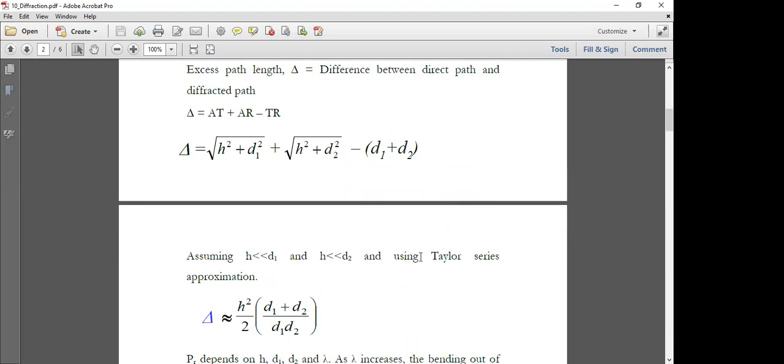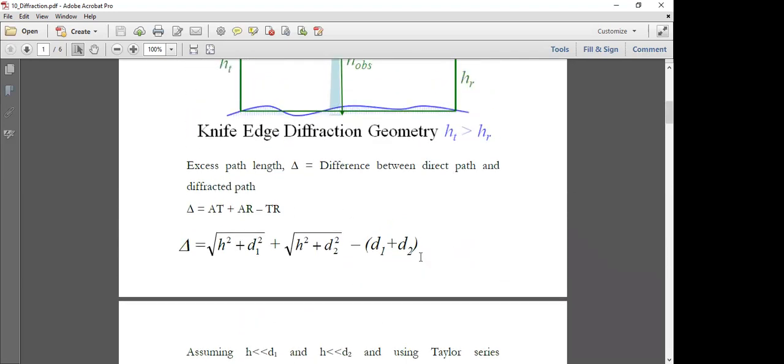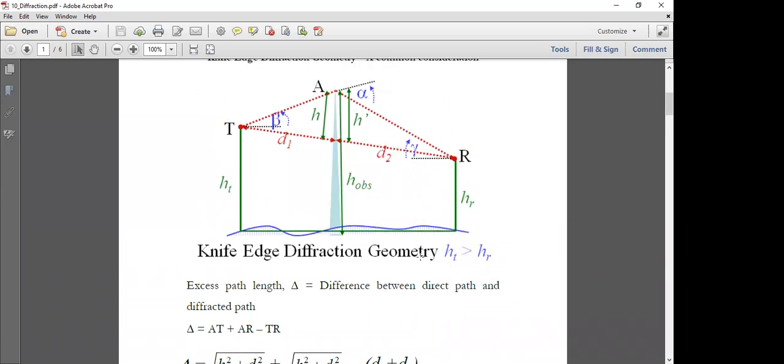Sir, I didn't get your last point. Will we ignore the inclination of TR?